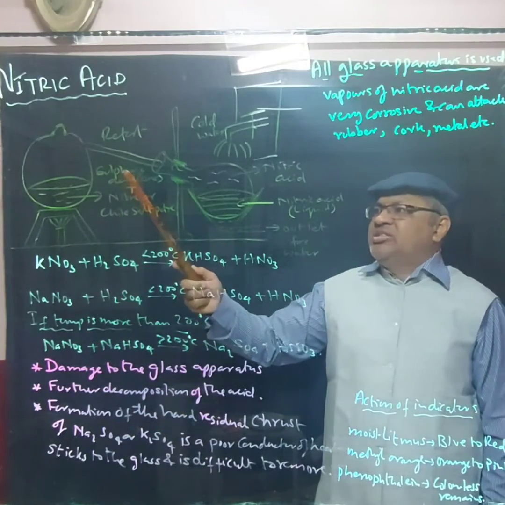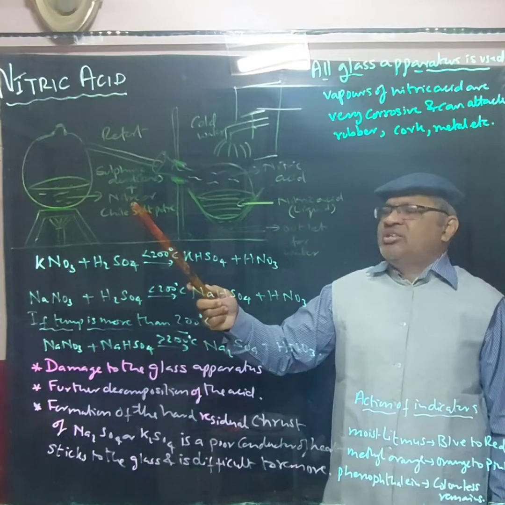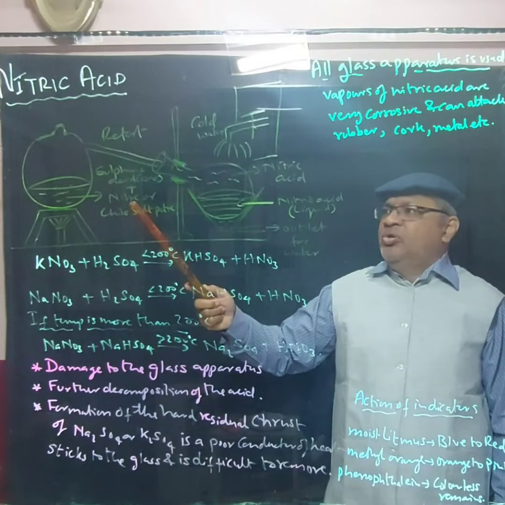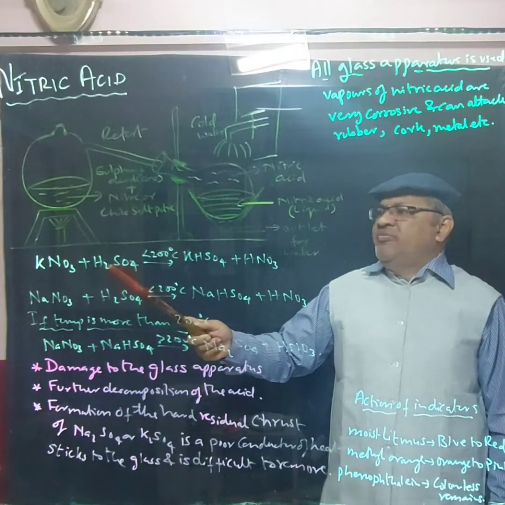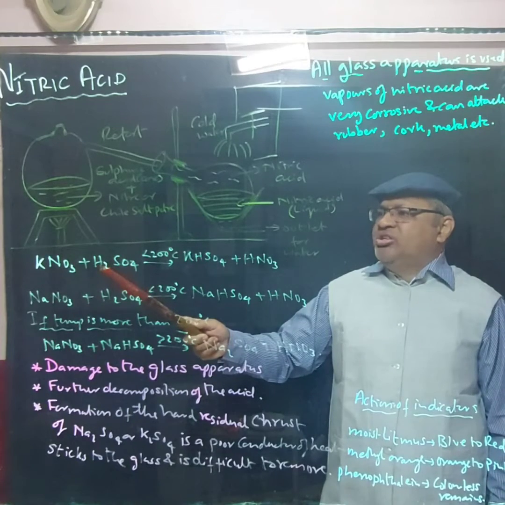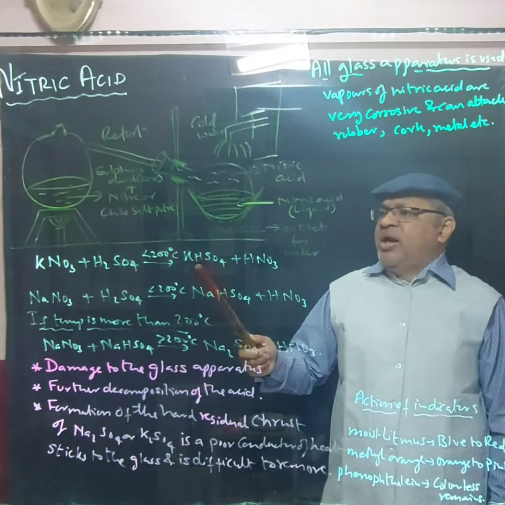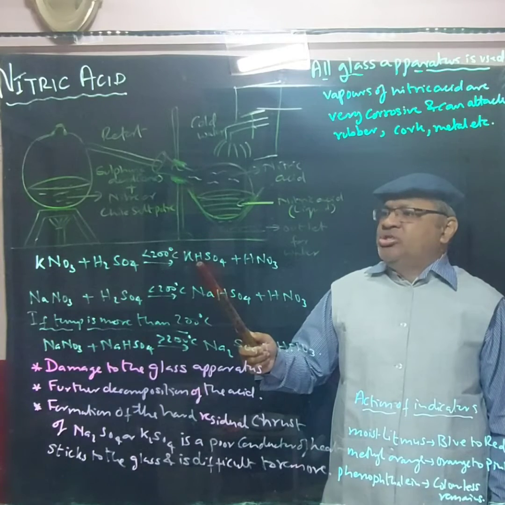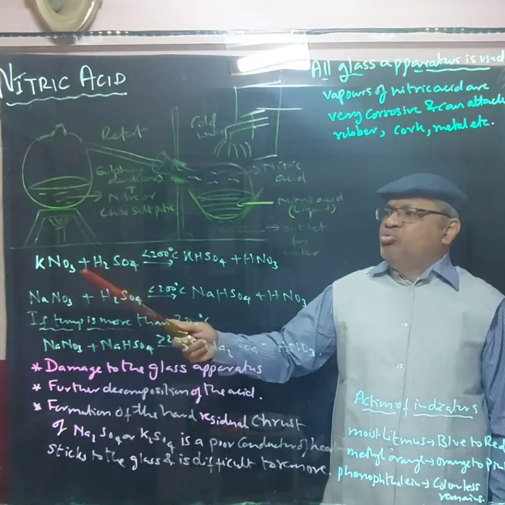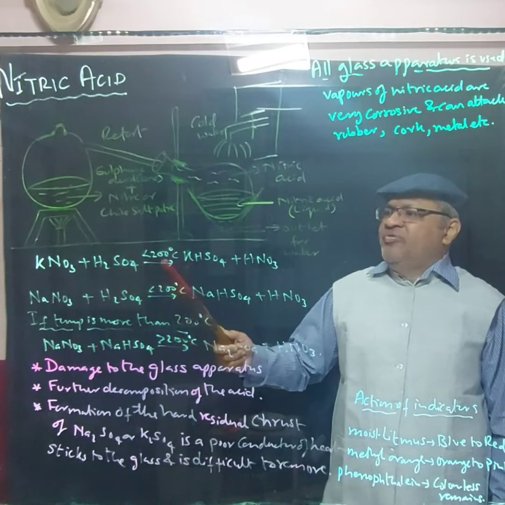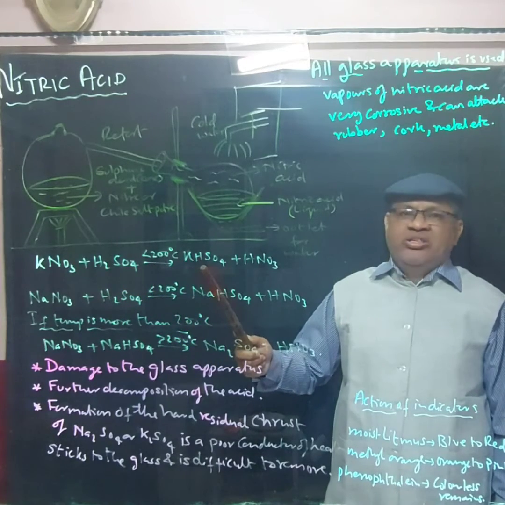We take sulfuric acid and potassium nitrate in the ratio 1:1. The reason behind it is that sulfuric acid has 2 hydrogens and potassium bisulfate has 1 hydrogen. So if the ratio is 1:1, it results in a better yield of potassium bisulfate.